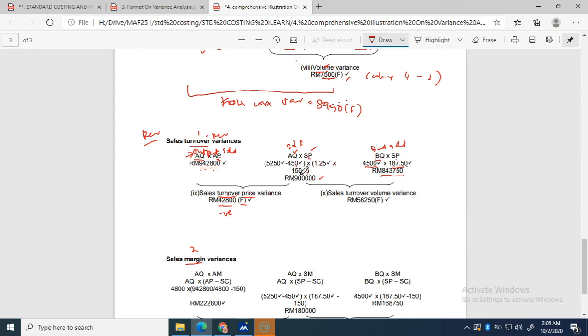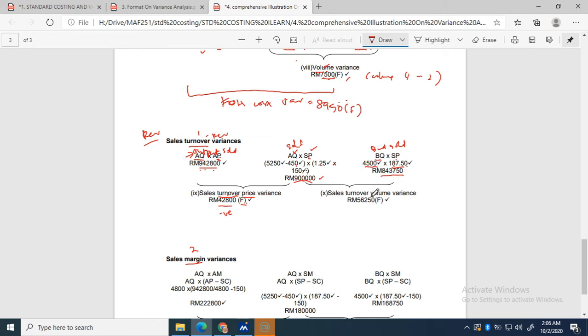If your estimation with the estimated sales gives revenue of 900,000, but the actual is 942,800, that means you have extra revenue of 42,800. Extra income is good for the company, so this is favorable.